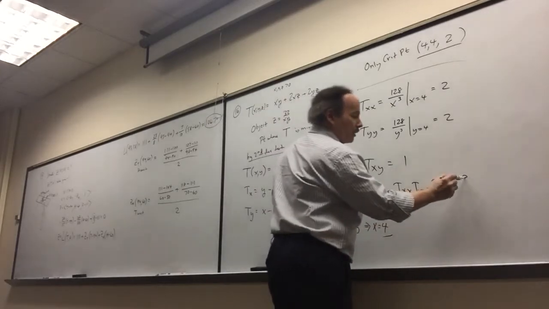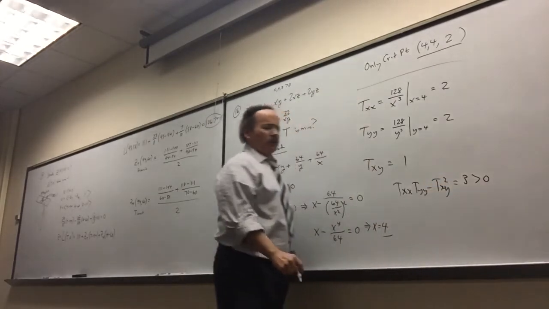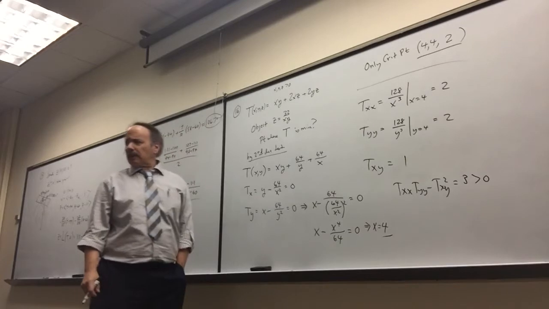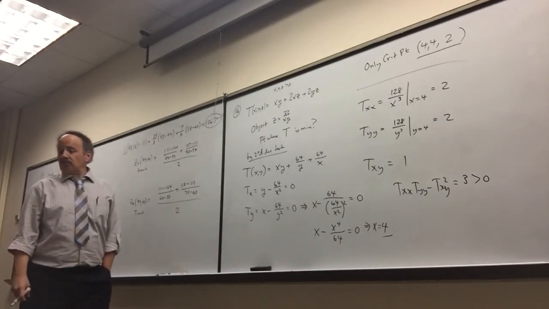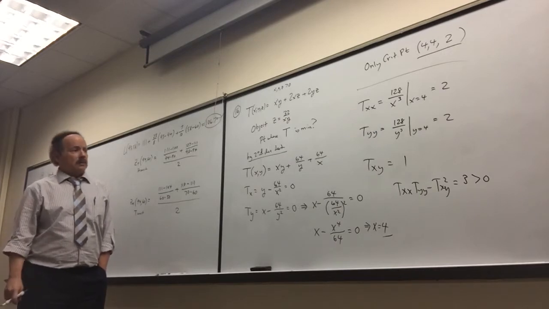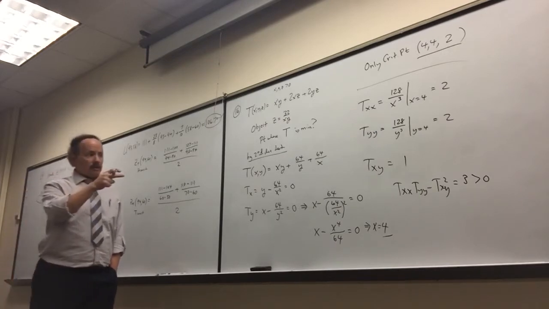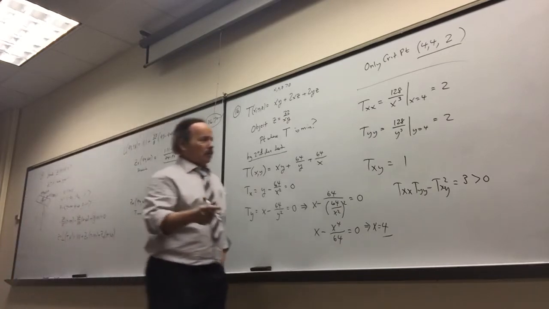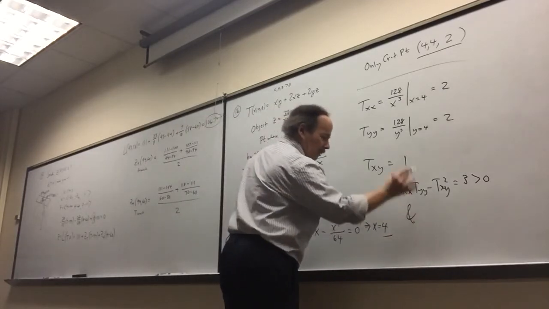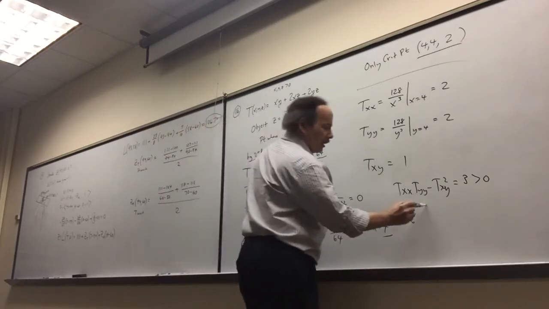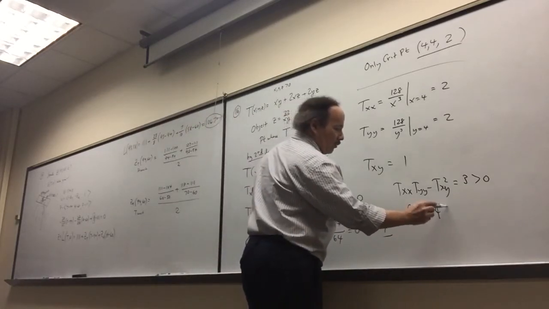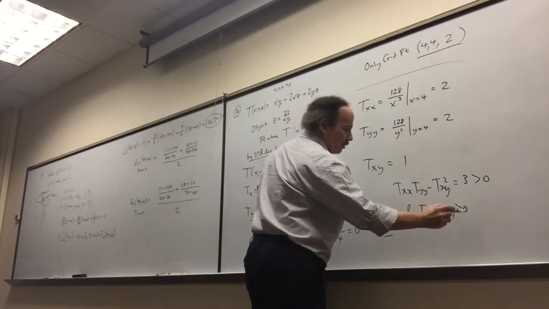3, which is positive. What if you'd gotten a negative number here? What would that have meant? Saddle point, right? So we want this to be positive, but we also want what else? We also know that T_xx and T_yy are positive, so what does that mean?